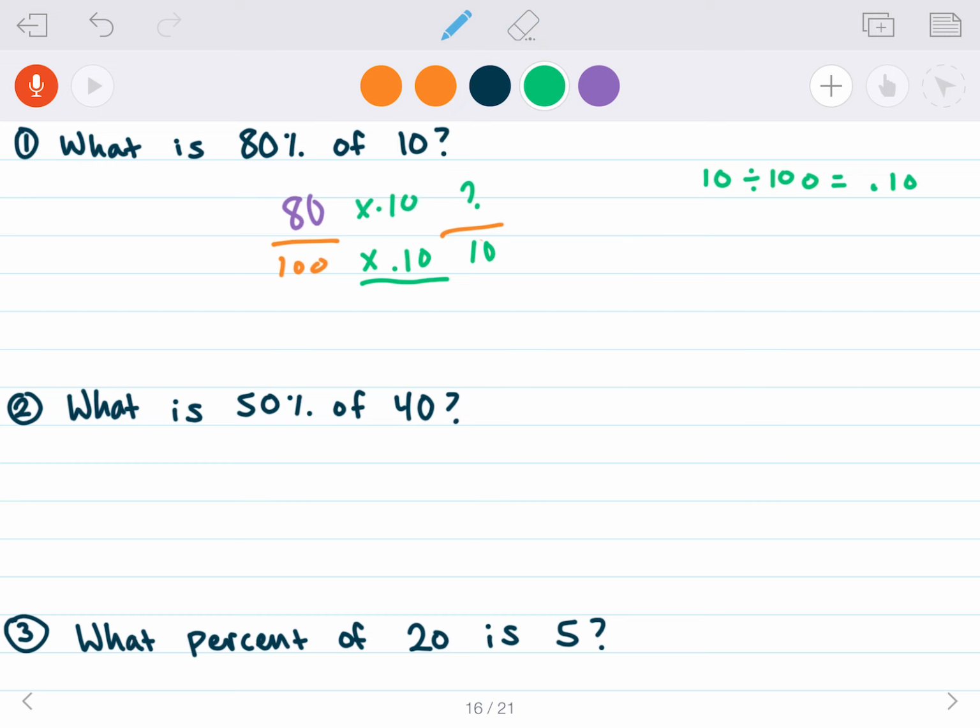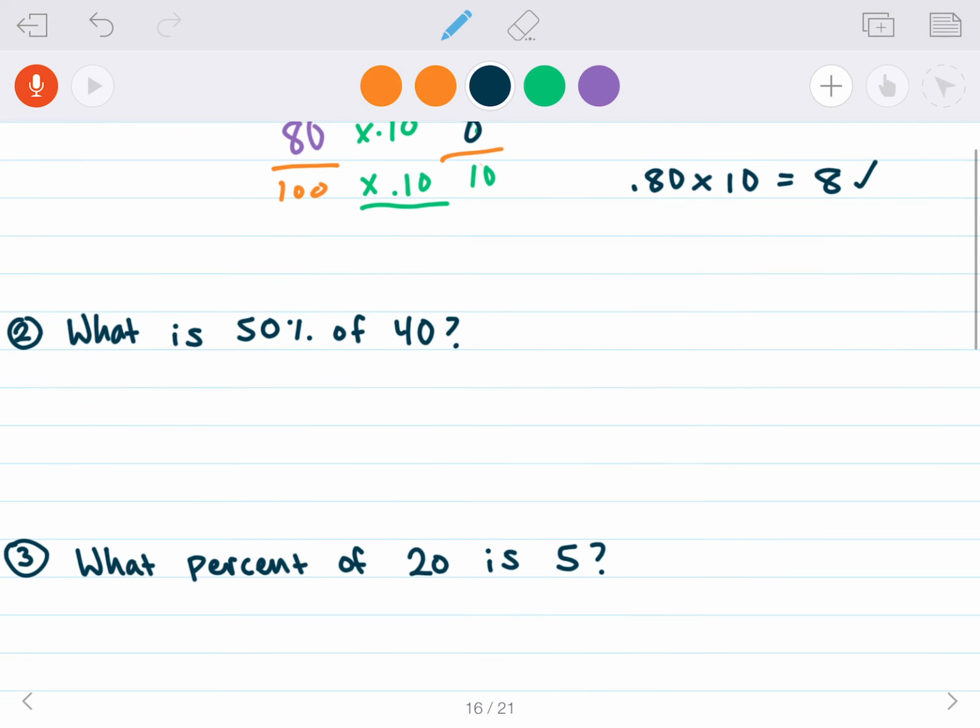So 80 times 0.10 is going to be 8, and that is our answer. So our answer is 8. You could also do 0.80 times 10, right? 80%, we just change it to a decimal and multiply, and that's also going to give you 8.